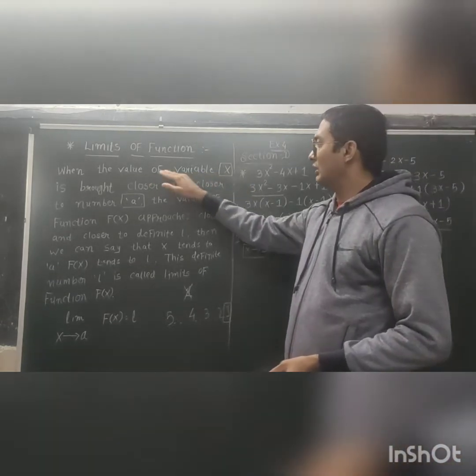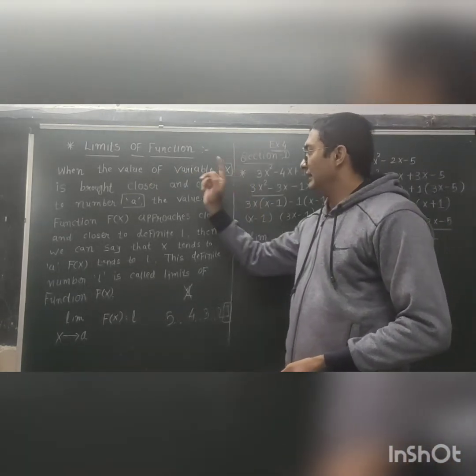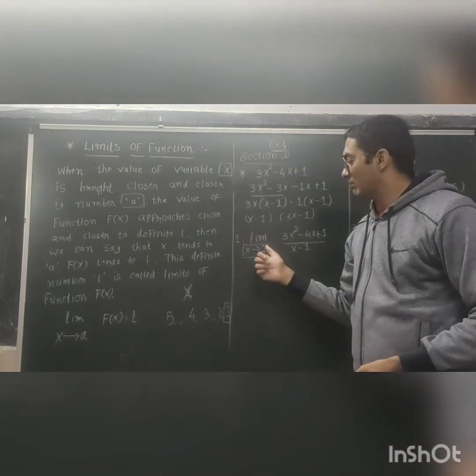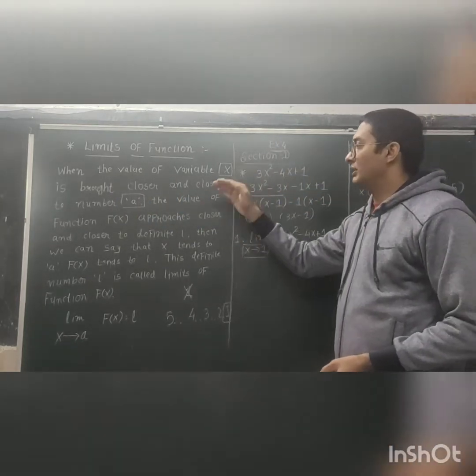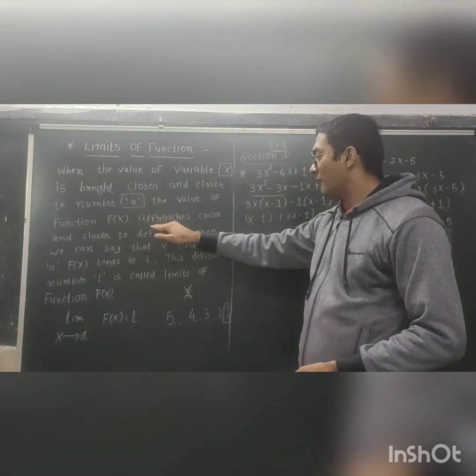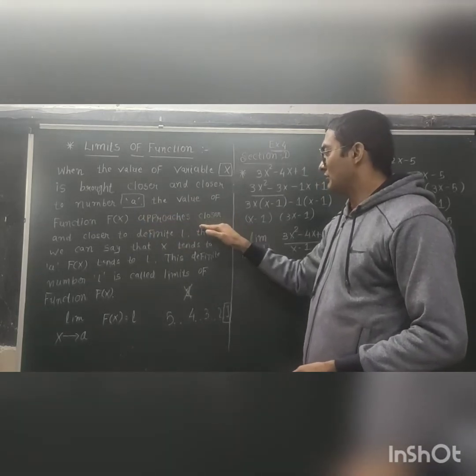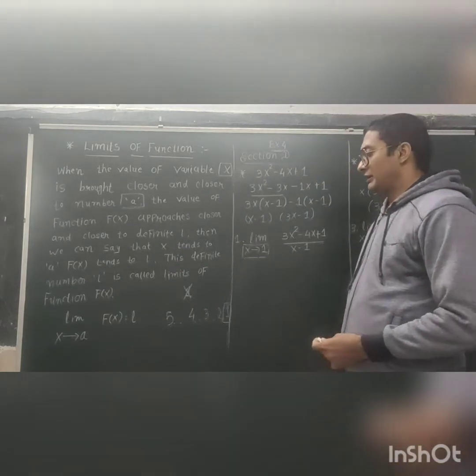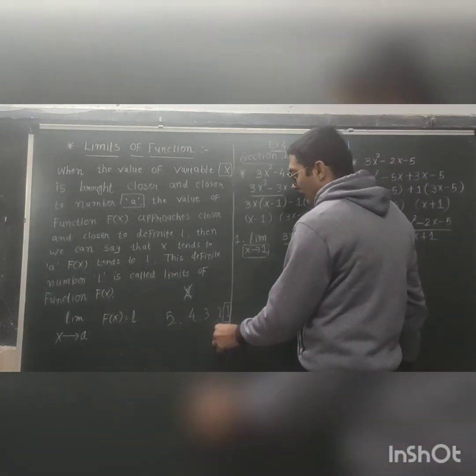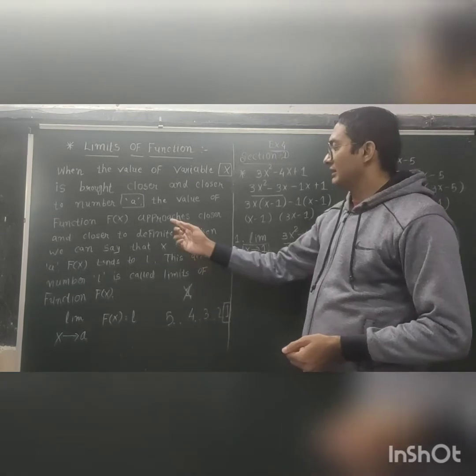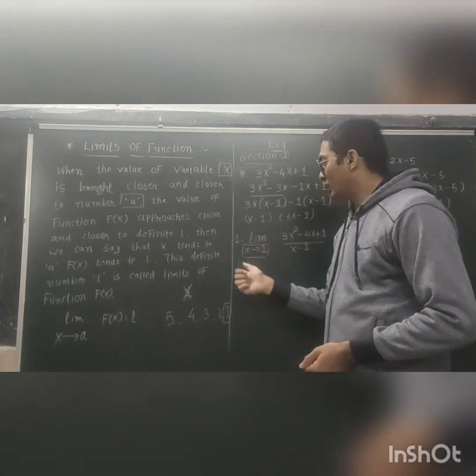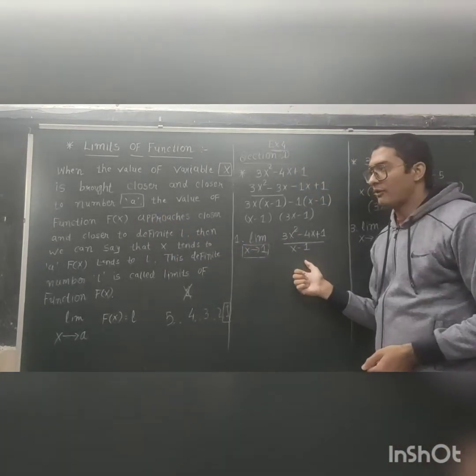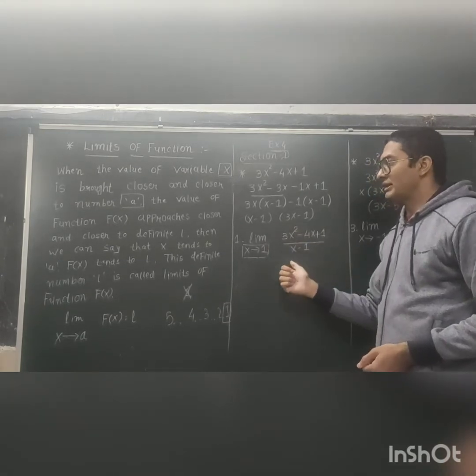So the value of variable x is brought closer and closer to number a, and the value of function f of x approaches closer and closer to definite L. It means if we got the answer 1, then we can say that this is the overall answer of f of x, where this is the function equation.